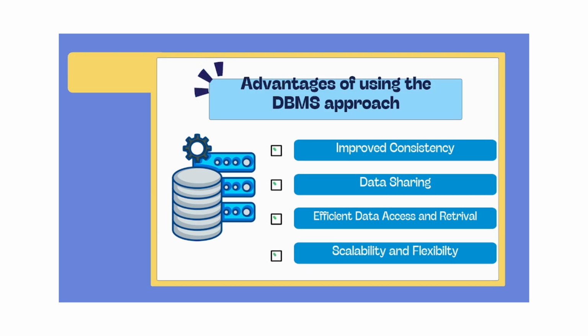Scalability and flexibility are crucial for businesses that need to adapt to changing demands and market conditions. Scalability refers to the ability of a system to handle increased workload or user traffic without performance degradation, while flexibility relates to the ability to adapt quickly to new requirements or business needs.